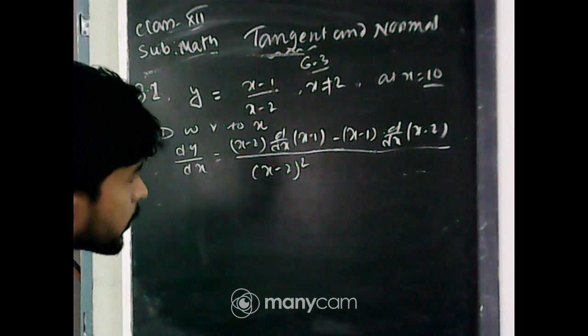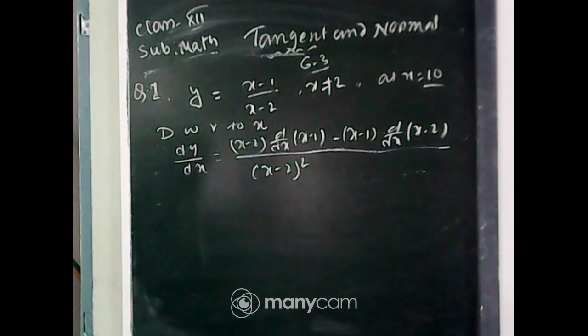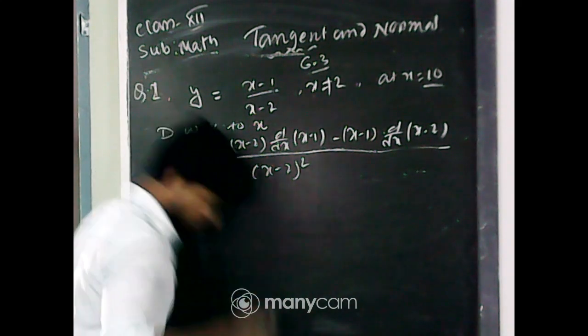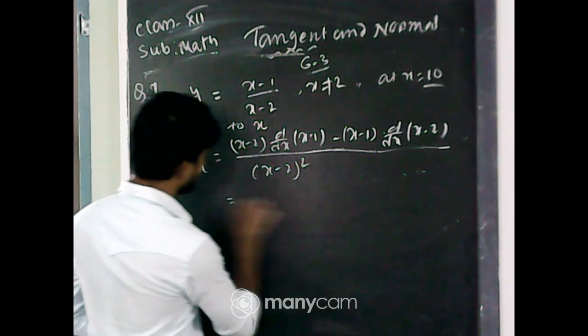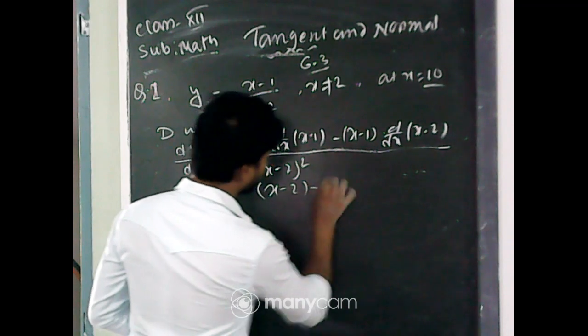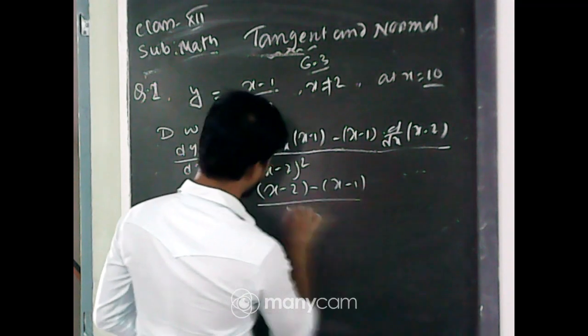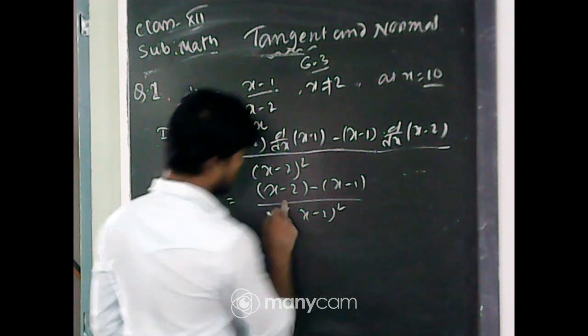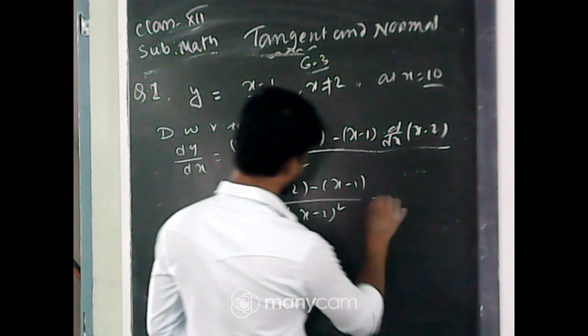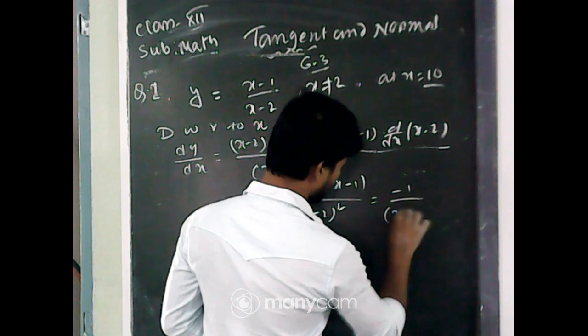Minus 1 by 16 or 64. Okay, let's see. That will be x minus 2 minus x minus 1 by x minus 2 whole square. So that is equal to, next line, this x will cancel each other. So minus 1 by x minus 2 whole square.